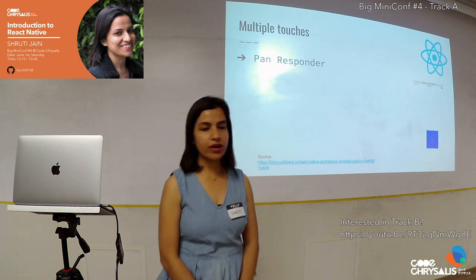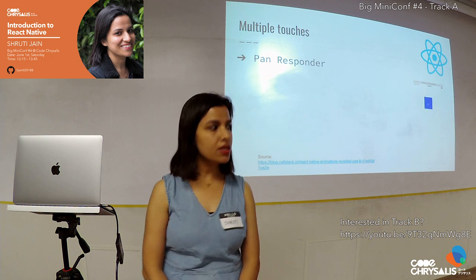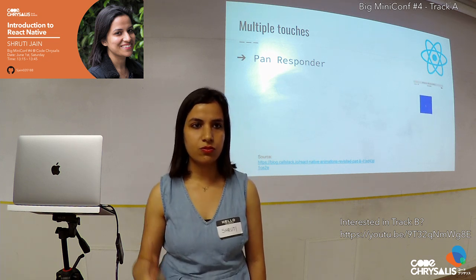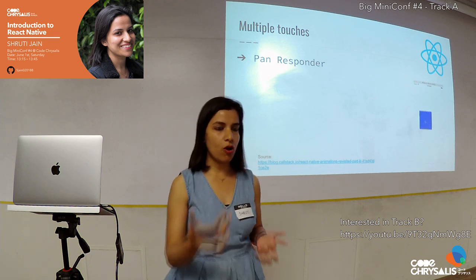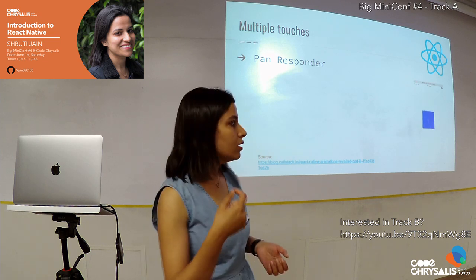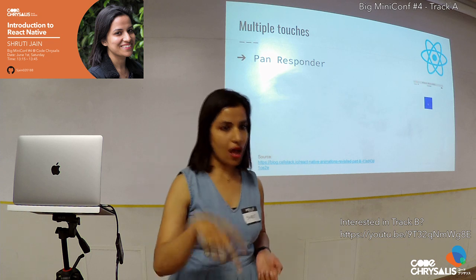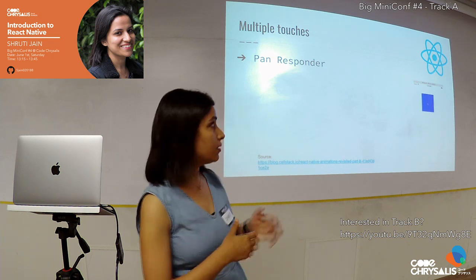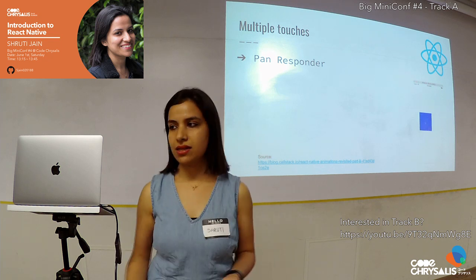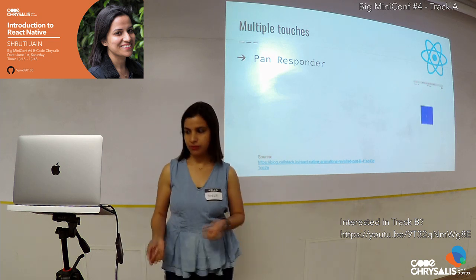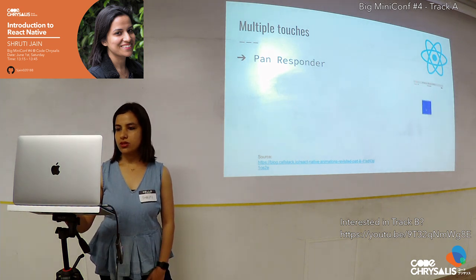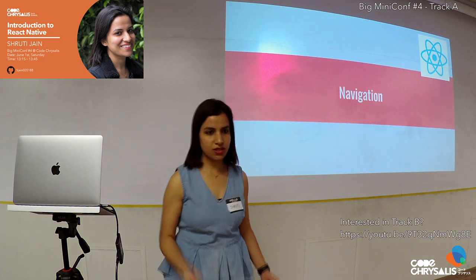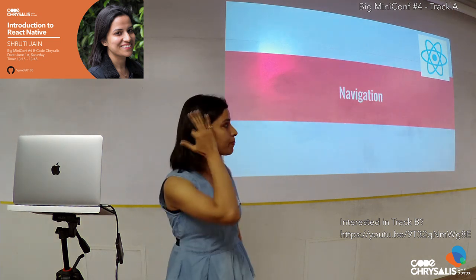Pan responder has 5 methods that keep track of how much distance your fingers have moved, and what exactly the component should do when the touch is released or the touch starts. You can use those methods to handle these complex touches, or I would say multiple touches. So this is all about how you handle touches in React Native.